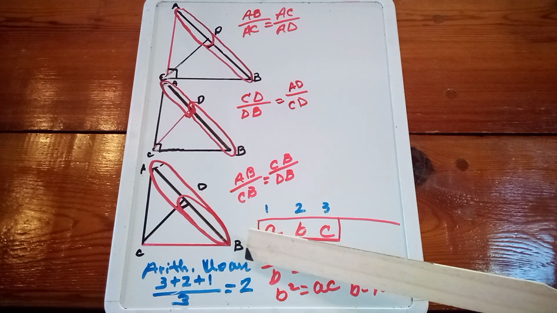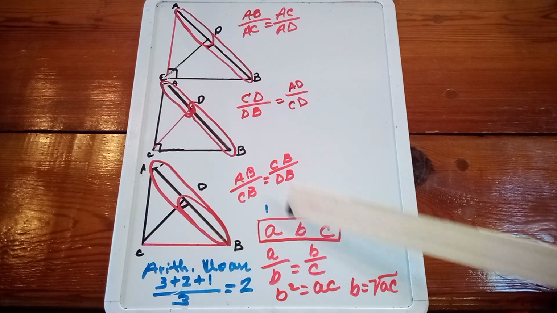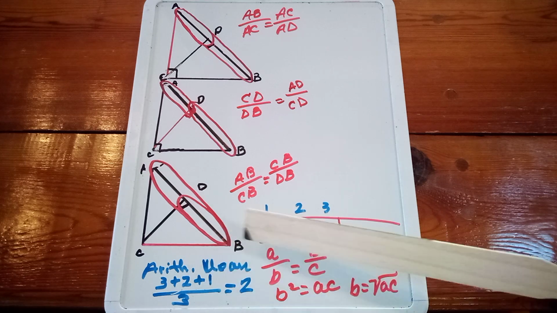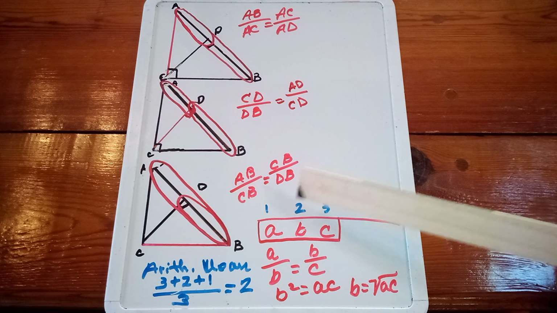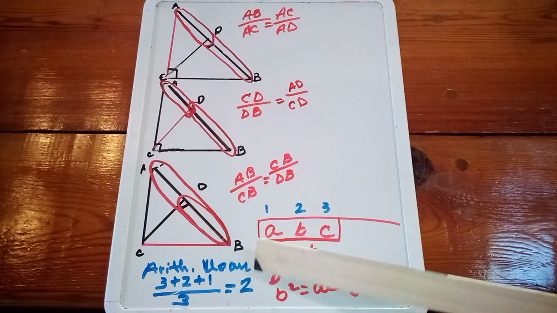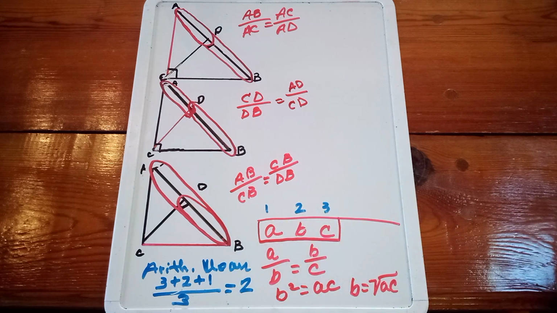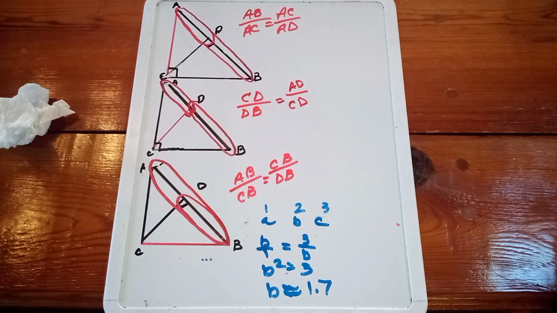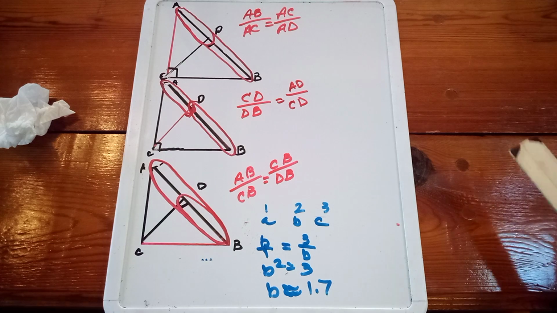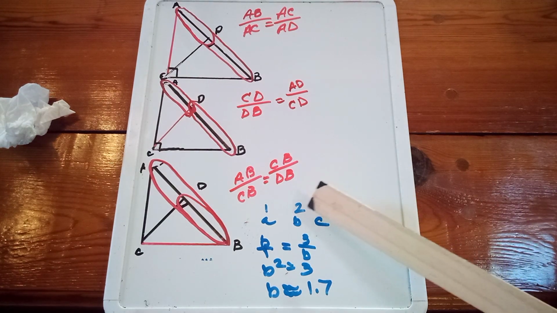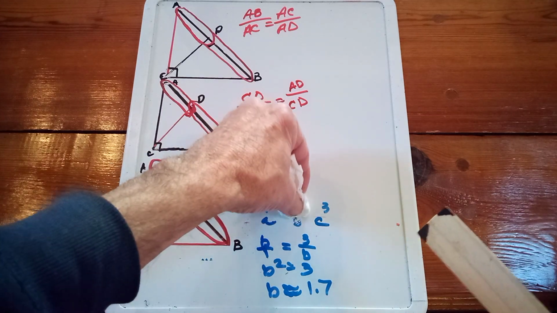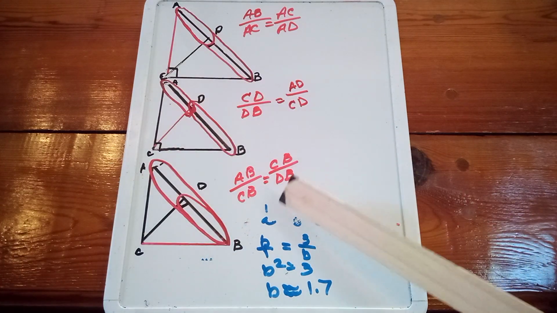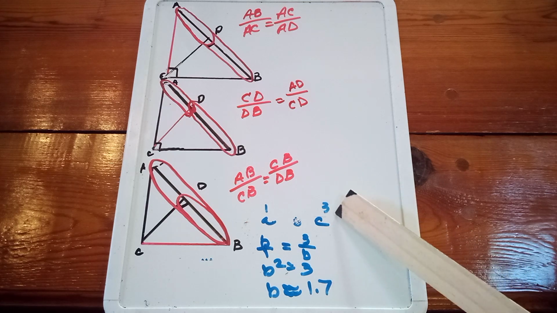And you might remember how we do that. We just add up the totals, 3, 2, 1, and then we divide by the number of constants there are. In this case, the arithmetic mean would be 2. The geometric mean for the same numbers, let's say we don't know b, but we know a and we know c.